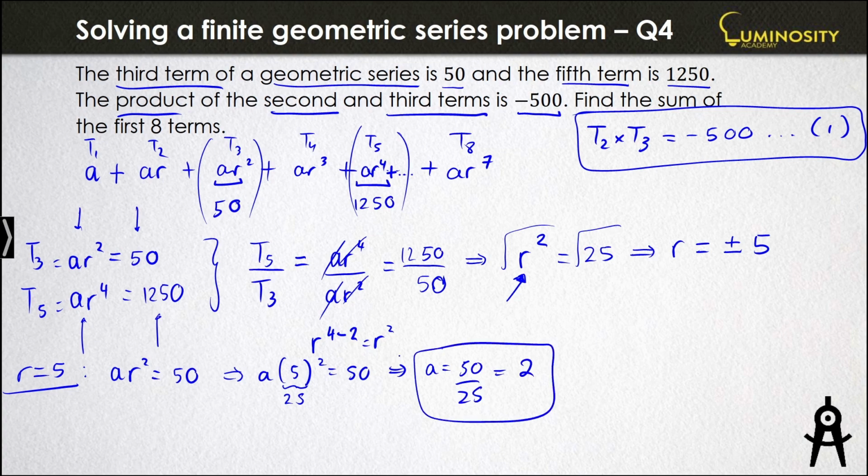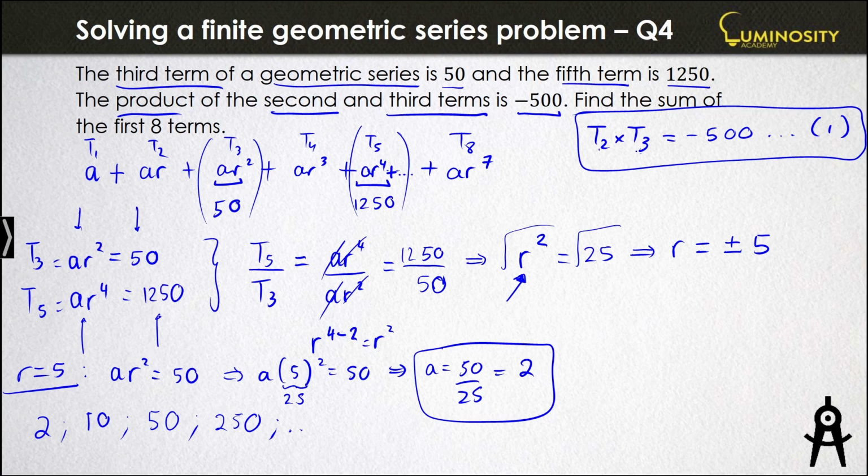So what does the sequence look like? It's 2 for the first term. Then the common ratio is 5, so you just keep multiplying by 5. So 2 times 5 is 10. 10 times 5 is 50. 50 times 5 is 250. And so on. But we know that the second term times the third term was given as negative 500.